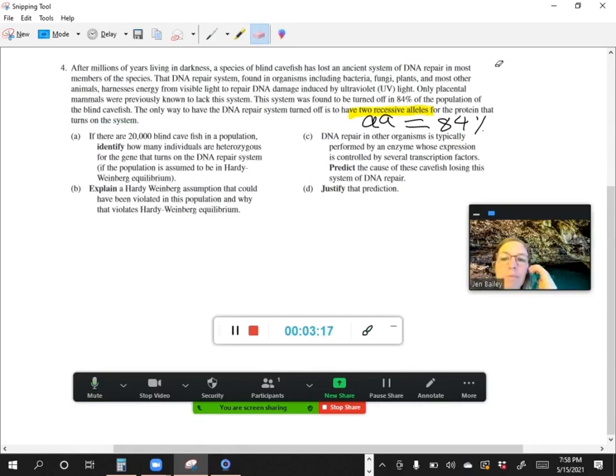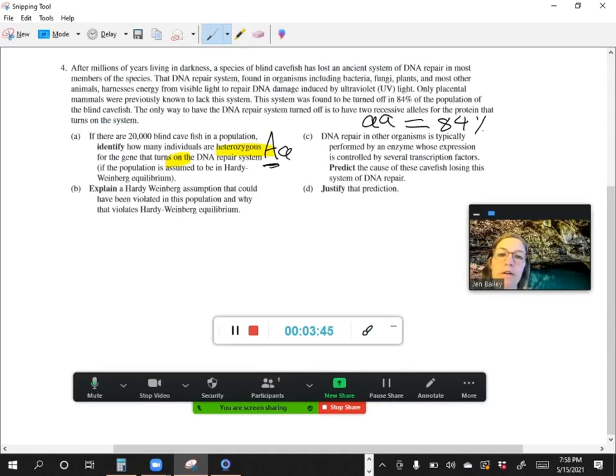Okay, so let's jump in to number A, letter A. If there are 2,000 blind cavefish in a population, identify how many individuals are heterozygous for the gene that turns on the DNA repair system if the population is assumed to be in Hardy-Weinberg equilibrium. It's heterozygous for whatever turns it on, okay? That means it's not going to be AA. It's going to look something like this, right?